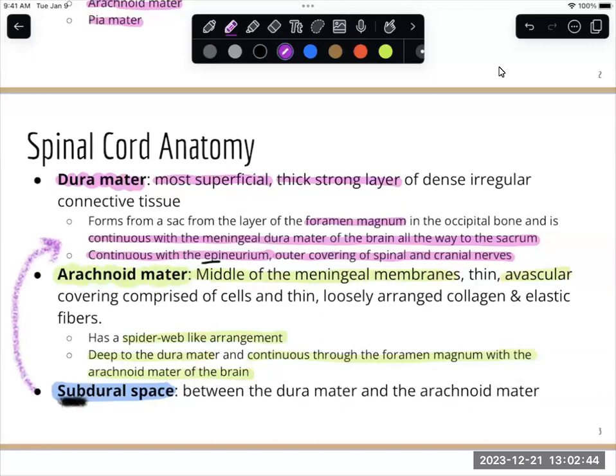I was right. Sub means below. So it is below the dura. Subdural, below the dura. So between that dura and arachnoid mater. If you just remember that sub means below, then the second part of the word, dura or dural, means it is below the dura mater.